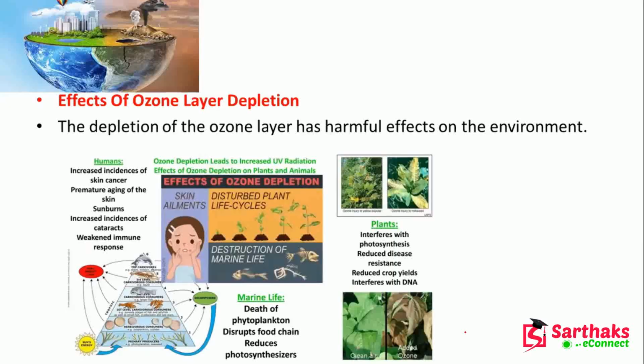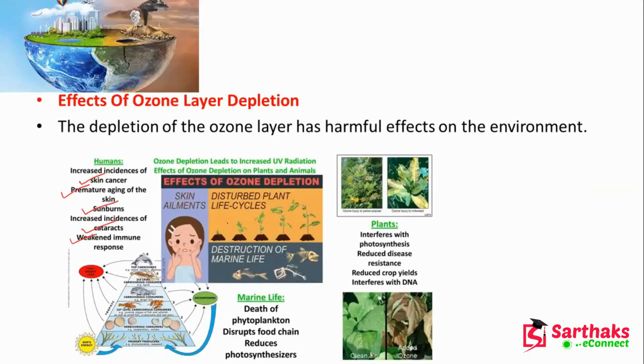Now, effects of ozone layer depletion. The depletion of the ozone layer has harmful effects on our environment as well as on every plant and animal. Here you can see that in humans it increases the incidence of skin cancer, premature aging, sunburns, cataract problems, and weakened immune response.